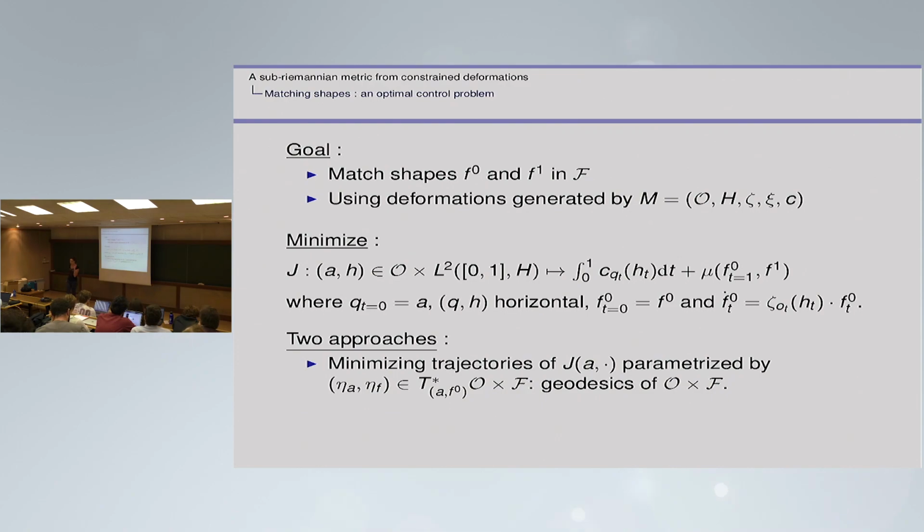And if you want to minimize this, you can build, following what I will not detail here, a sub-Riemann metric on the product space O times F. So you won't have directly a sub-Riemann structure on F, because the geometrical information is given by the elements in O, but you will have a sub-Riemann structure on the product, and you can define geodesics similar to the framework that I presented earlier.